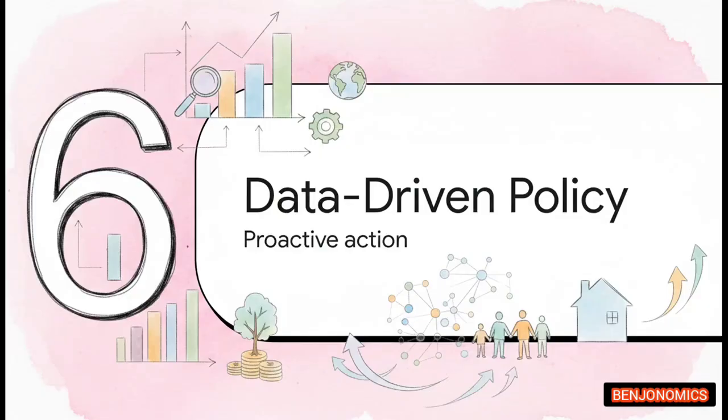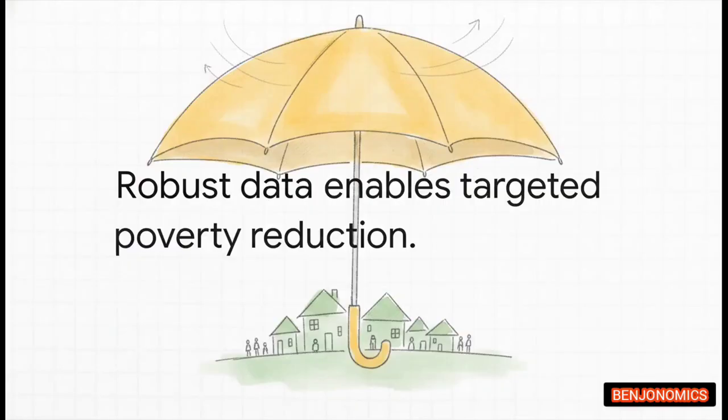And finally, Section 6, Data-Driven Policy Solutions. So, what does this all mean for us? How do these rigorous econometric models inform national poverty reduction strategies? Well, robust data helps governments move away from just giving out reactive handouts and towards forward-looking, highly effective poverty reduction policies.